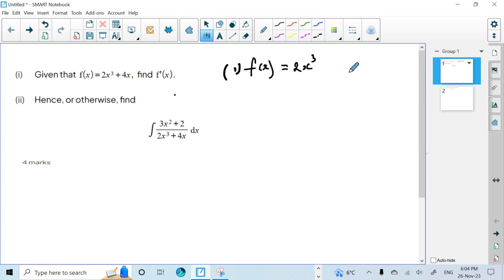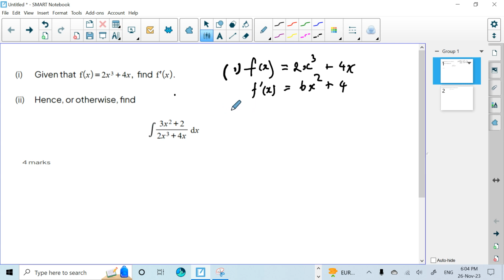And f prime of x will be equal to 6x squared plus 4. So that's nice and easy, 6x squared plus 4.